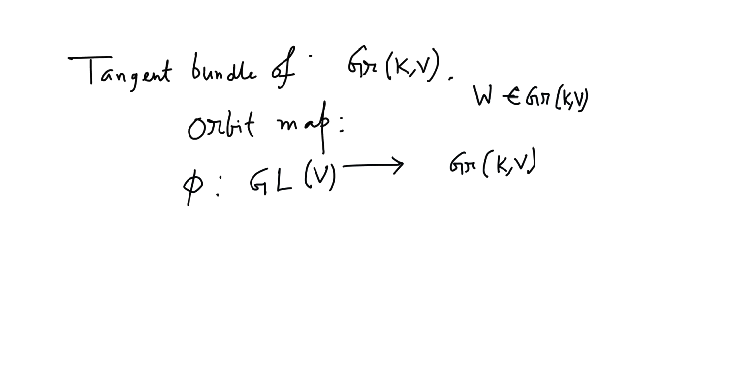Suppose you have an invertible linear transformation A, and that goes to AW. And you know that this action is transitive. If W is k-dimensional, then AW will be another k-dimensional subspace. And since this action is transitive, this will be a surjective map.